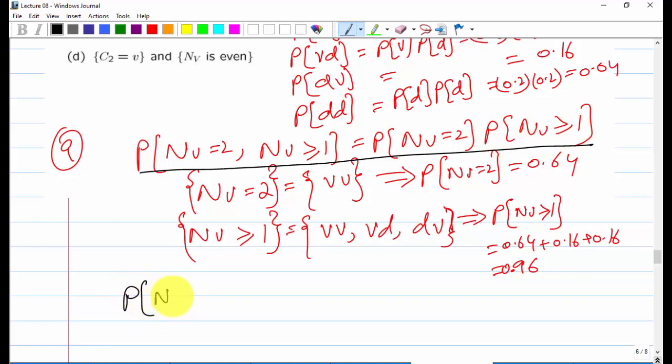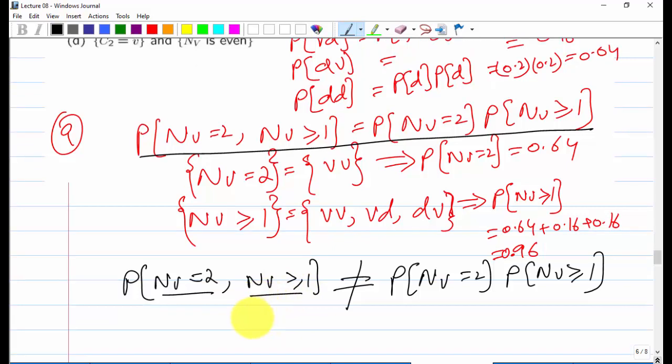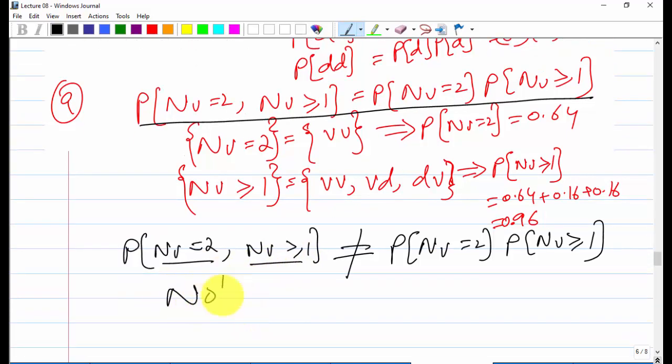It means that the probability of NV is equal to 2 and NV is greater than or equal to 1 is not equal to the product of their probabilities. So we can say that these two events are not independent. So we can write here: not independent.